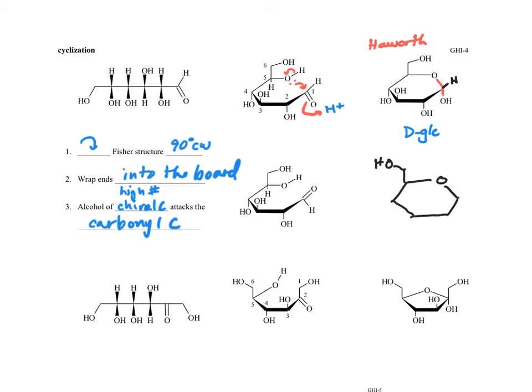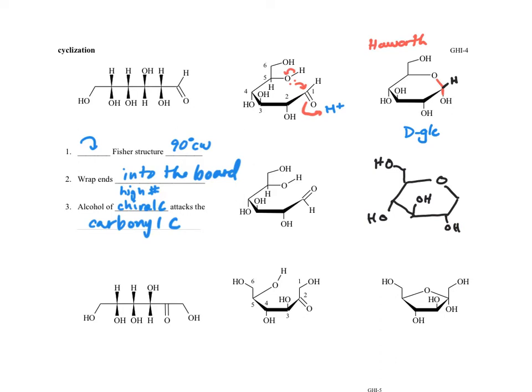And I want to just start by pointing out that the alcohols are going to be like this. Why is that? Well, they were down here on carbon number 4, up on 3, down on 2. These are going to be the exact same way. What was on the right is going to be down. What was on the left is going to be up. And that's unchanged.